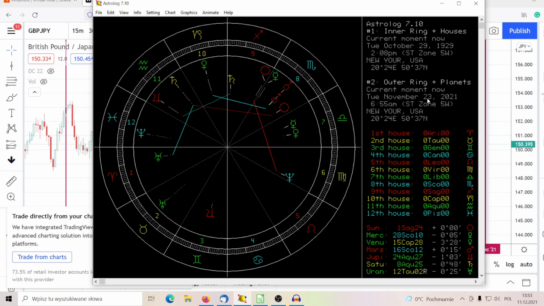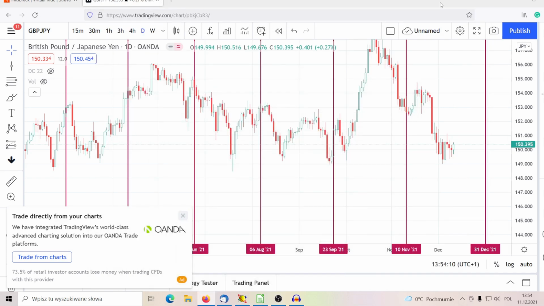So November 23rd, 2021 and October 29, 1929. And you see Mars is exactly at the same position. And when you look at it, we might check it. Was it November 23rd? Here we go. Look, the market made a top.